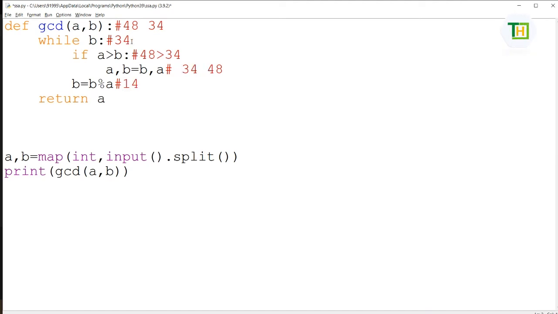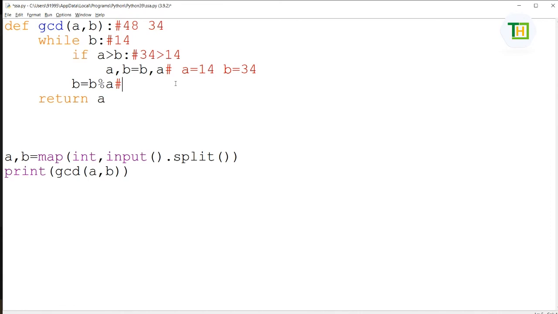And again it is going here, while 14. Is it true or not? Yes, it is true. Now what is the A value? A value is 34. 34 is greater than 14. Is it true or not? Again true. And again I am going to write A value as 14 and B value equal to 34. I am going to swap it again.